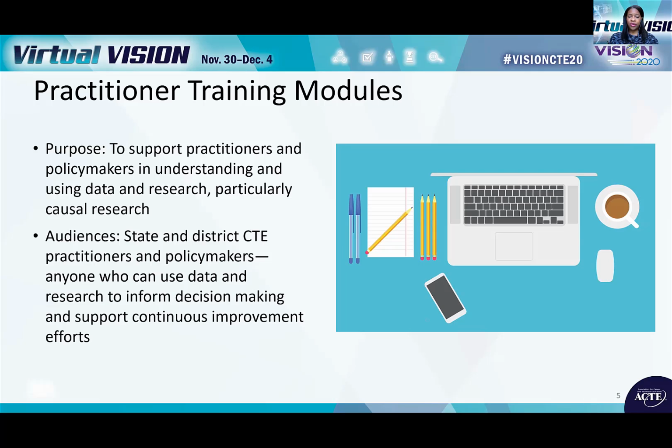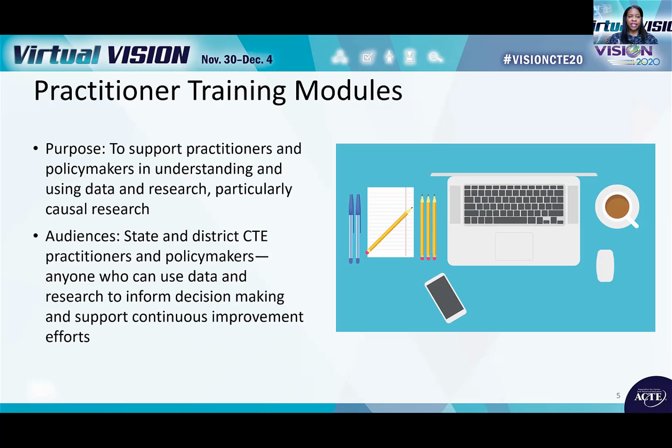Our main goal and mission is to expand the evidence base. Related to that, we want to bring practitioners and researchers together so that we can better share research and understand research needs. Research, as you know, can be used in so many ways to inform policy, to understand program effects, and to drive program improvement.